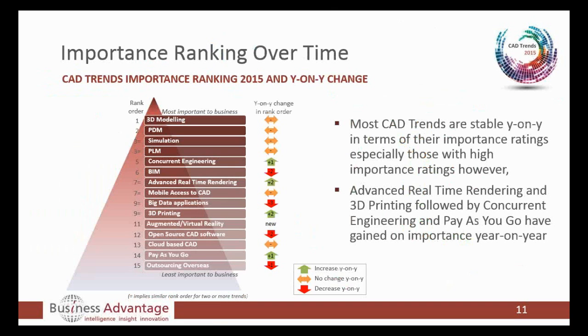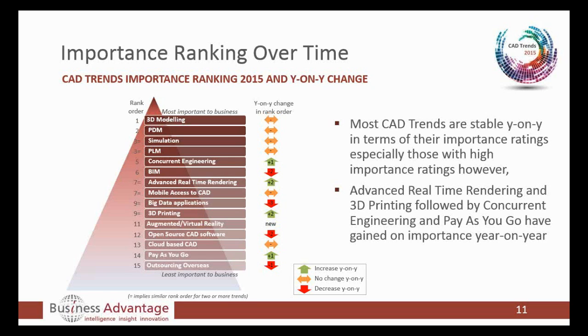So this chart looks at the importance ranking over time. We asked the same question last year as this year. We have one new trend, which is augmented or virtual reality or reality computing. It's called by different names by different companies, and that's a new trend that we've asked about this year.